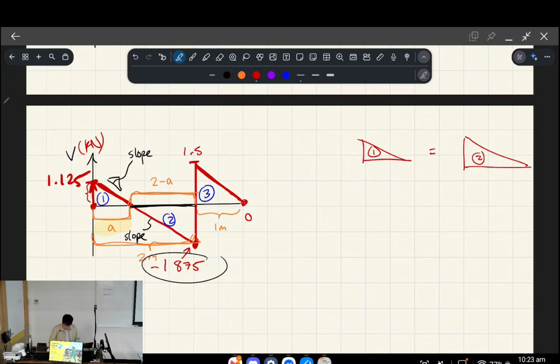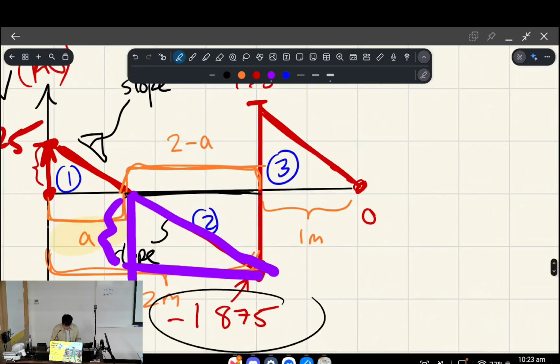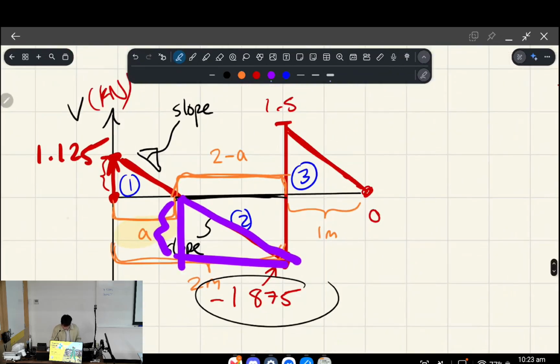Ultimately, we only care about a triangle that looks like this. And we only care about the magnitude because for a triangular shape, the height is an absolute number. You don't get a negative height. So really, we only care about the fact that this is 1.875 here.